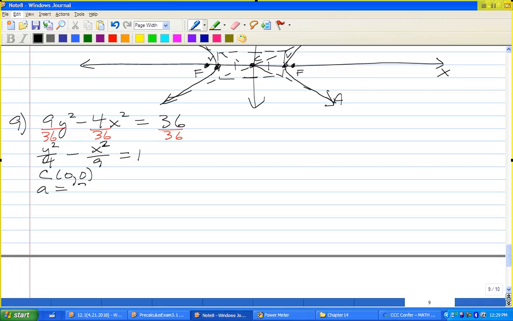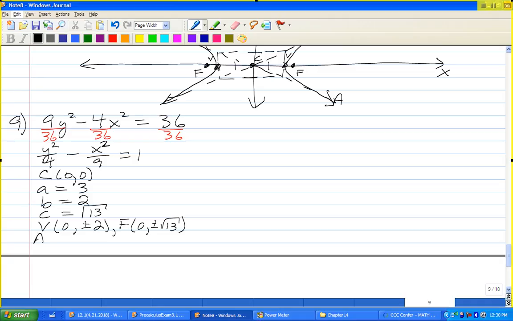A is 3, B is 2, 4 plus 9 is 13, so C is the square root of 13. The vertices will be at y is positive, 0 plus or minus 2. The foci will be at 0 plus or minus rad 13.